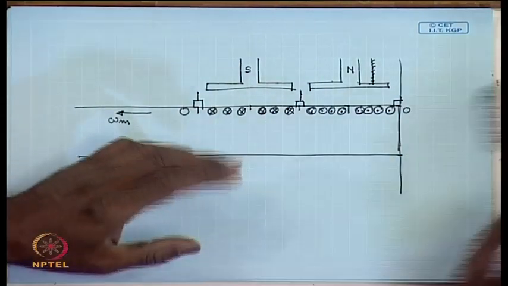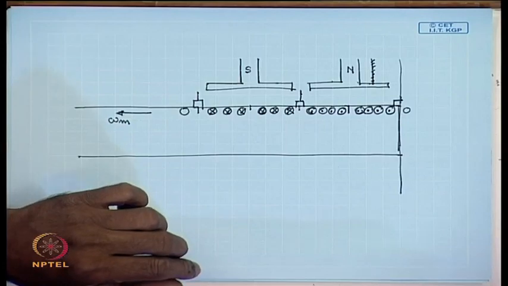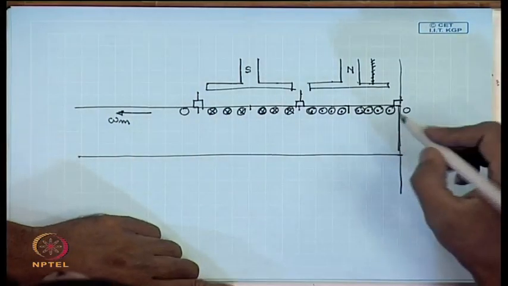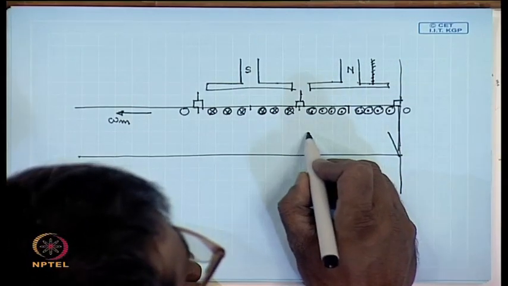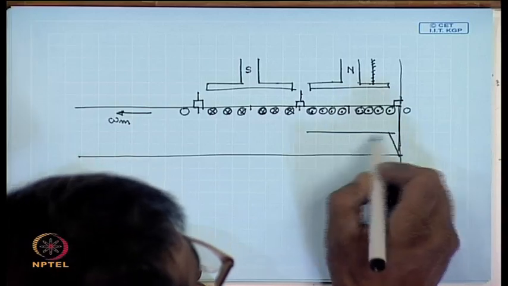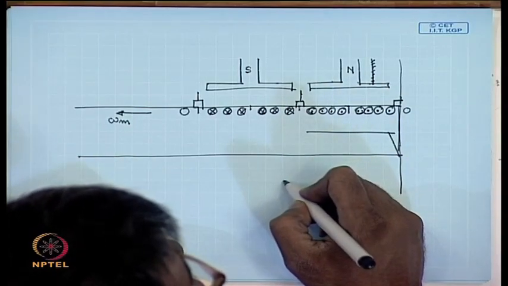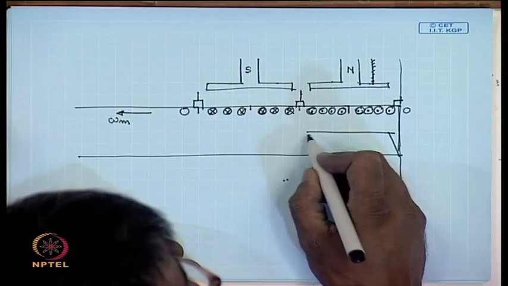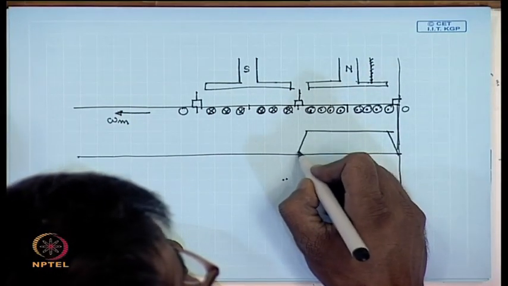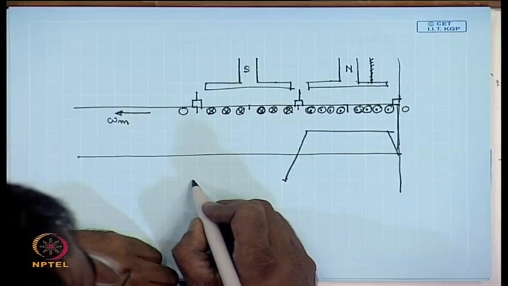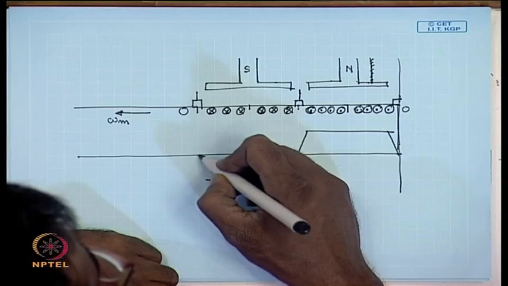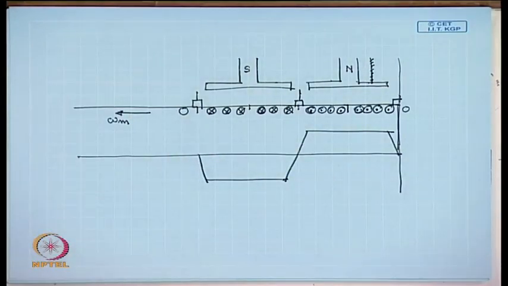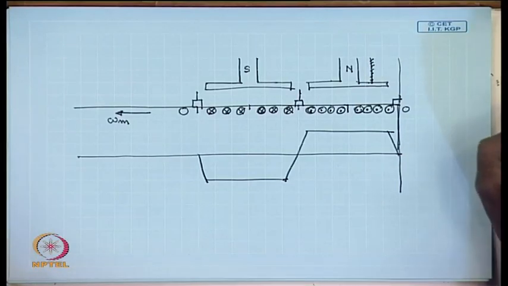The field flux density waveform we have seen is trapezoidal. What about the flux density waveform produced by the armature current?